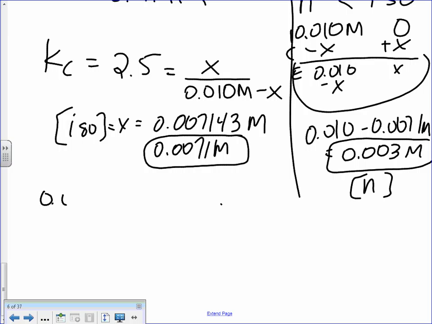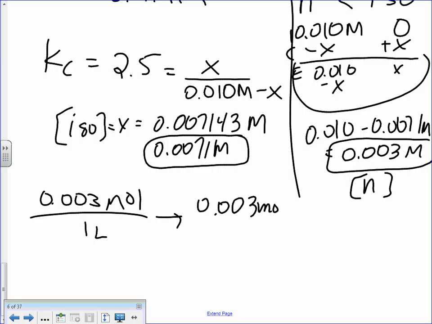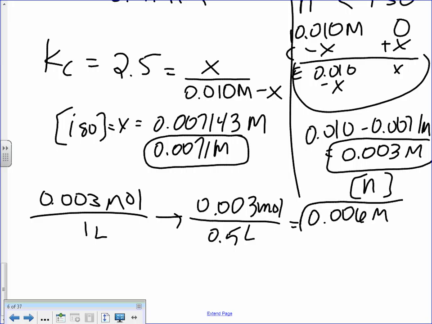So if this is moles per 1 liter, if you half the volume, that's going to be the same number of moles because no shift occurred over 0.5 liters, and I'm just kind of making up the number here. But what's that going to be when I multiply by 2? Because remember, this is like divided by half. It actually looks like multiply by 2 would be 0.06 molar. So the concentration does double from its original form.